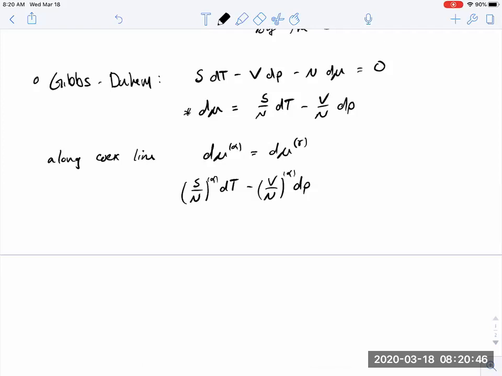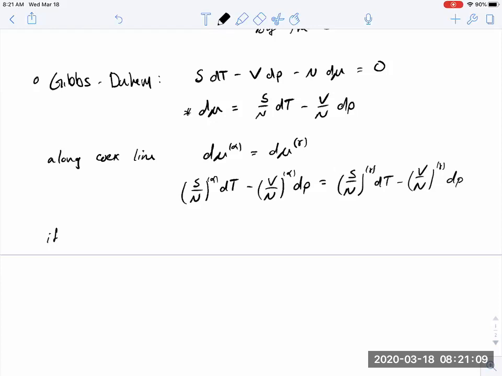These are not raised to, these are of alpha. That must be equal to the entropy per particle for phase gamma times changes in temperature, minus the volume per particle for phase gamma times changes in pressure.